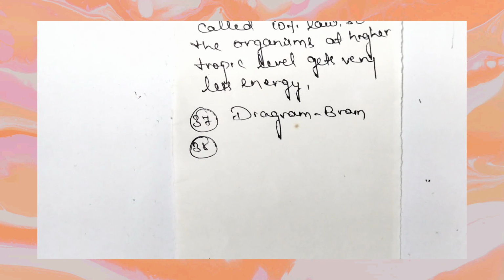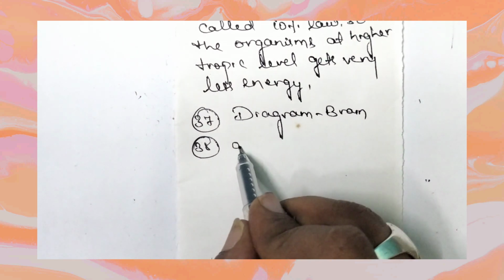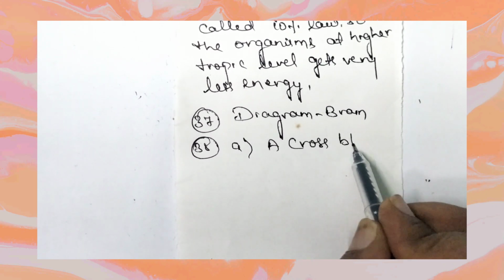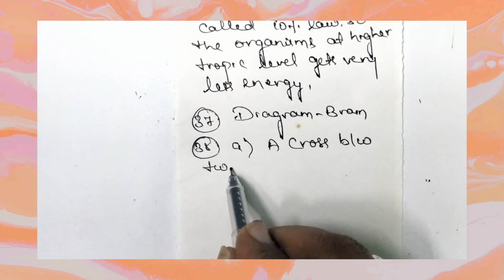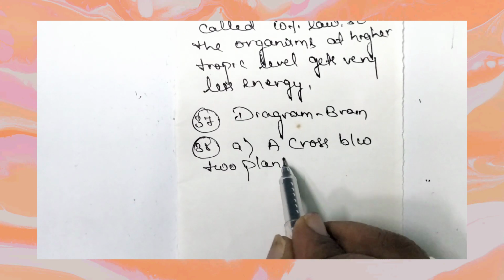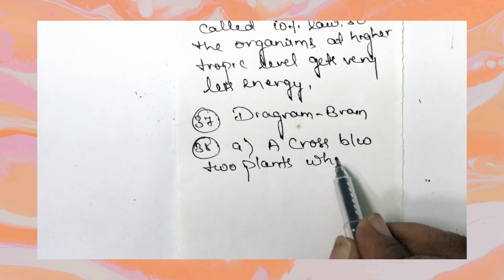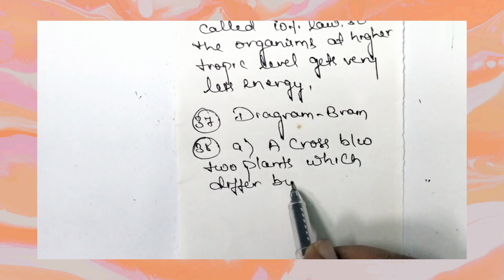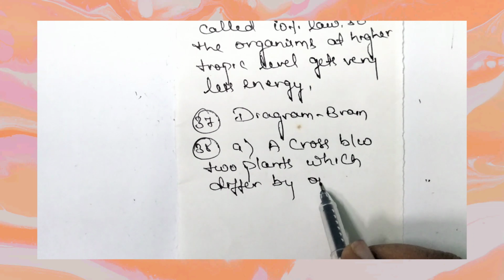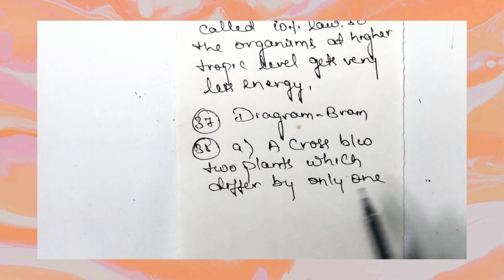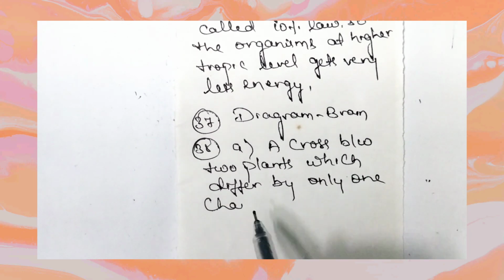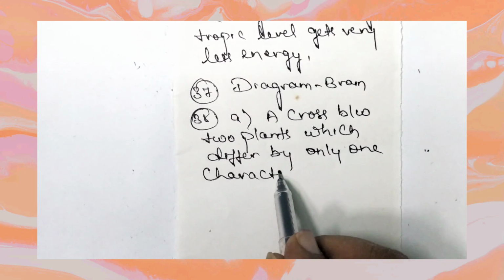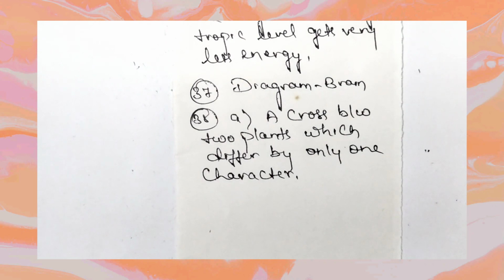So let us answer both the questions. Let us answer the first question. What is meant by monohybrid cross? A cross between two plants which differ by only one character is called monohybrid cross.